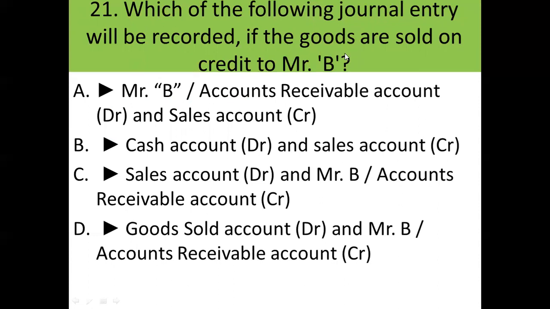The debtor is Mr. B. So Mr. B's account, the receivable account, will be debited and the sales account credited. Even if I didn't highlight the option, the option is that one.